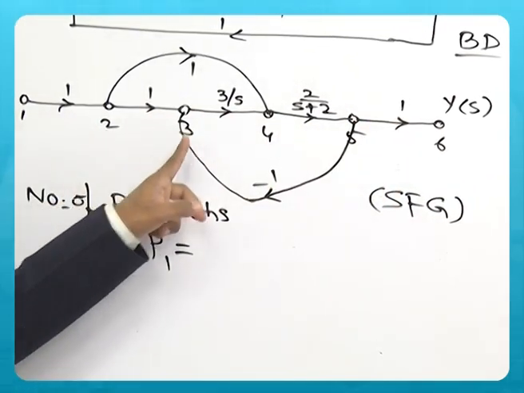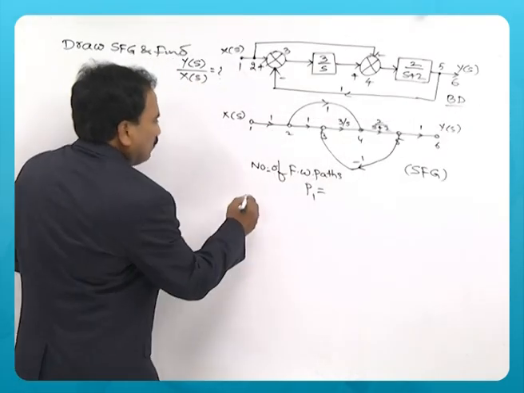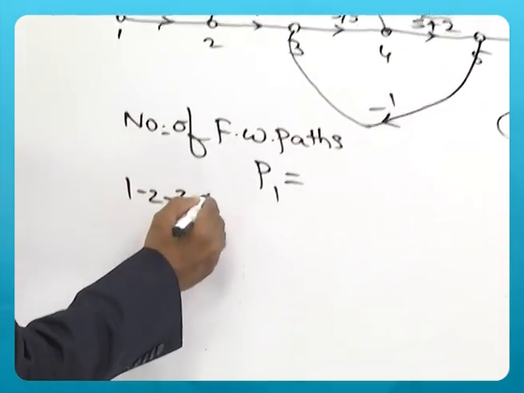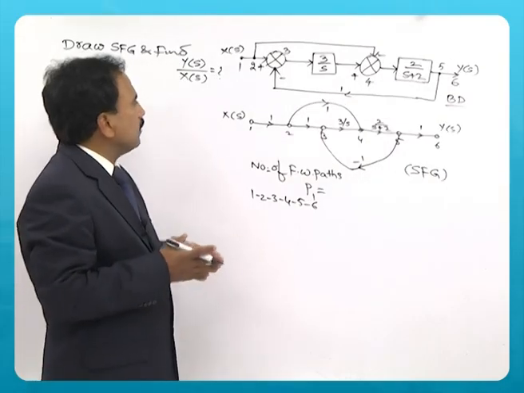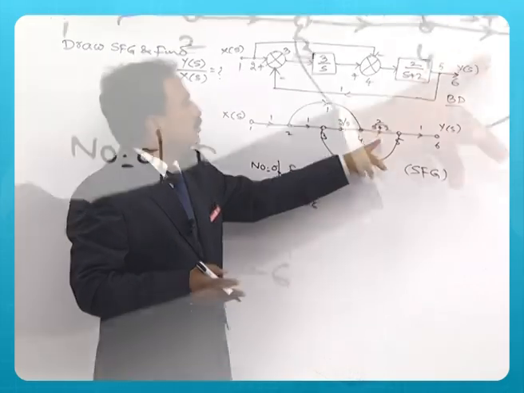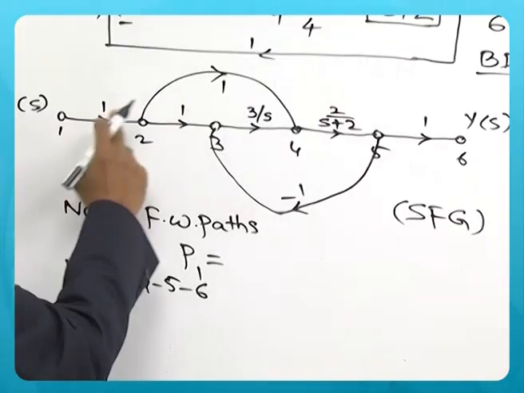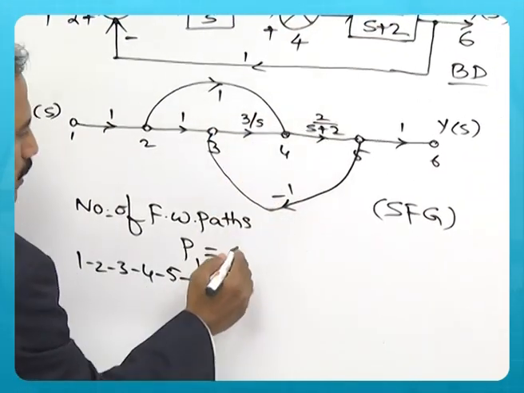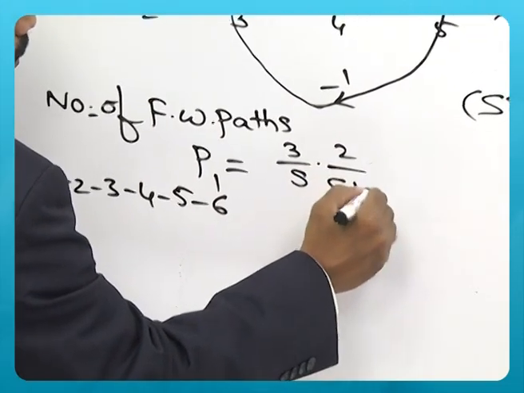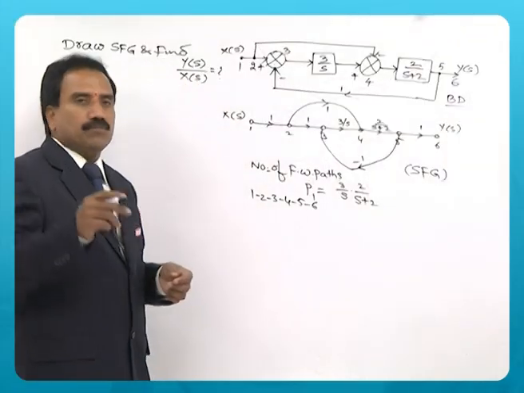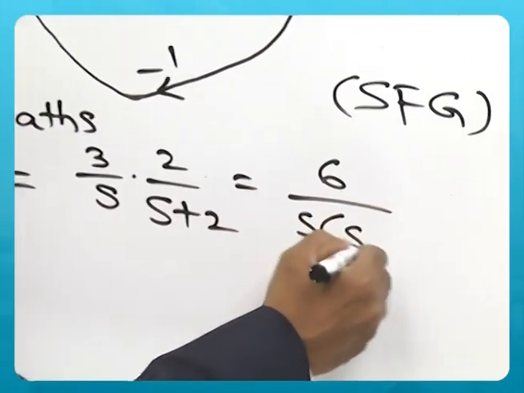The path is 1, 2, 3, 4, 5, 6. And what is the gain? You need to just multiply the gains of individual branches along the forward path. So 1 into 1 into 3 by s and 2 by s plus 2. So 3 by s into 2 by s plus 2 is the gain of the first forward path. It is 6 by s into s plus 2.